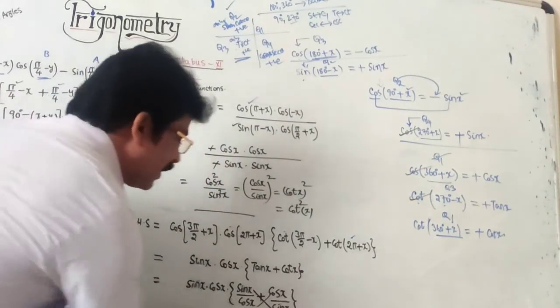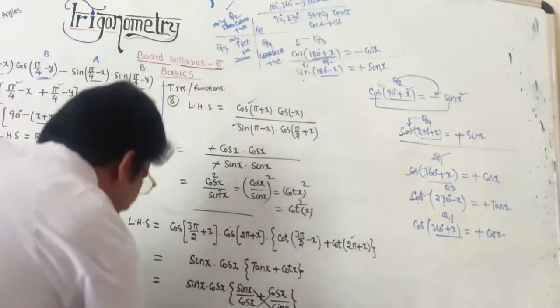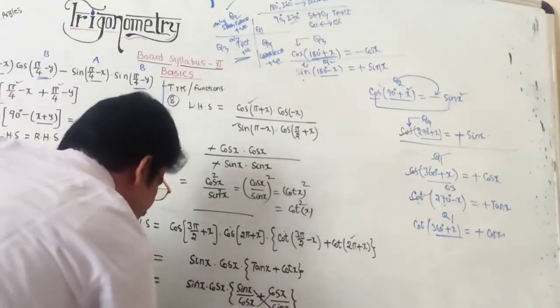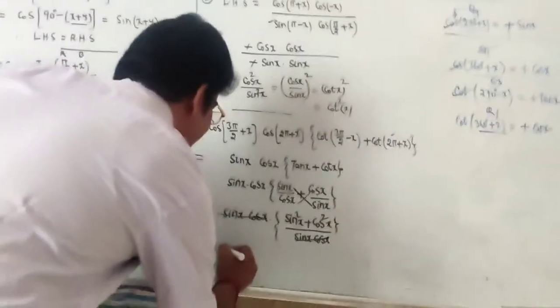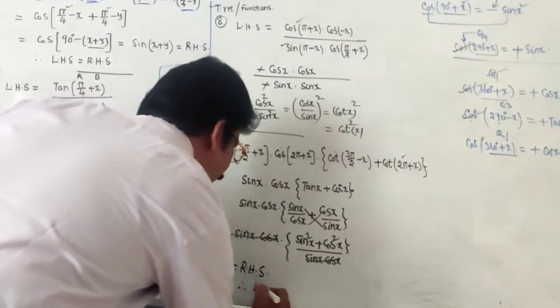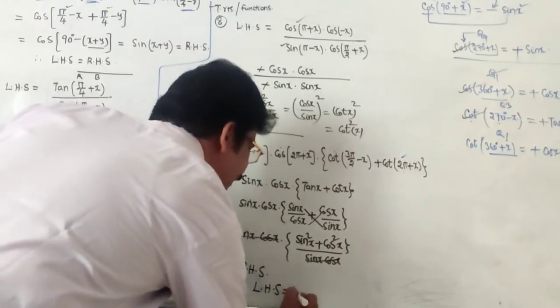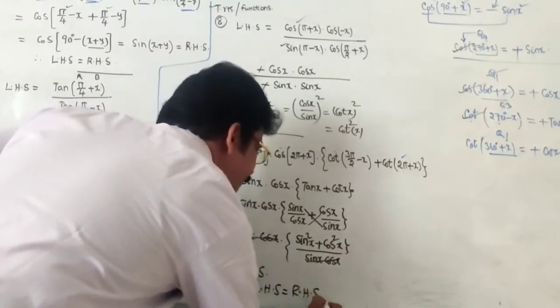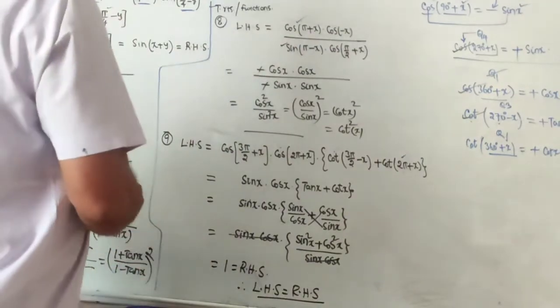So sin x into cos x cancelled, only sin square theta plus cos square theta, which is 1. So that is equal to the right hand side. Therefore, LHS equals RHS.